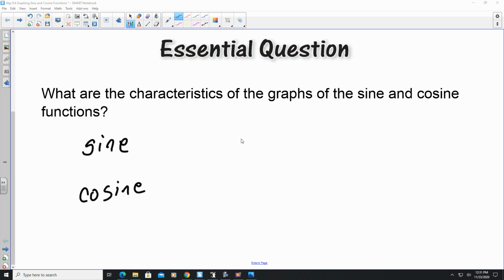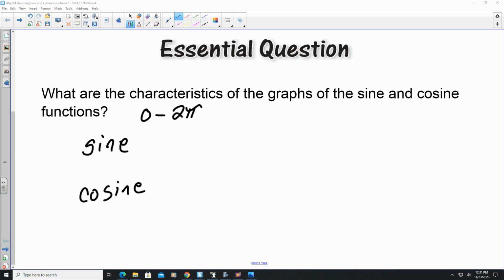Okay, 0 to 360. But because when we are dealing with trig functions in this coordinate plane sense, we are dealing with values between 0 and 2 pi. All right, 0 and 2 pi is the same as between 0 and 360.